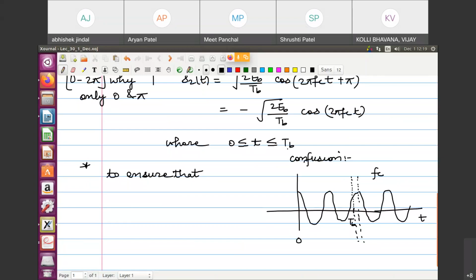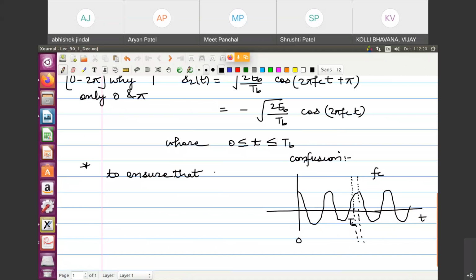So this Tb and fc need to be linked together to create an odd or even number of cycles, or a full cycle, in that interval. Otherwise, whatever you are transmitting, at the detector there would be a problem. If it doesn't contain a full cycle, then in synchronization or in several other things, you will have trouble.